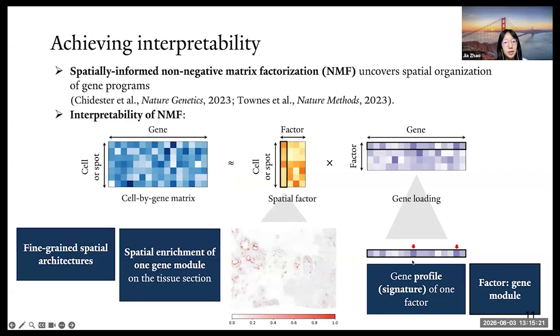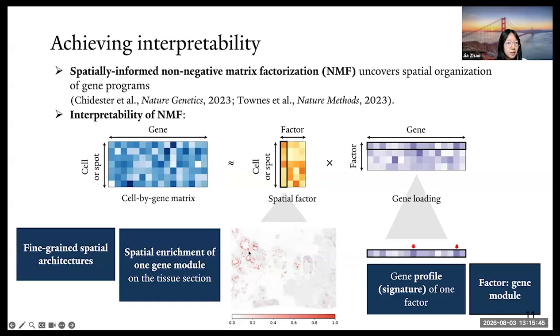Now knowing the meaning of the gene loading of the factors, we can look at one particular factor in the factor matrix. Still recall that those are non-negative values, and we can map them with the spatial coordinates to map the factor value back to the whole section.